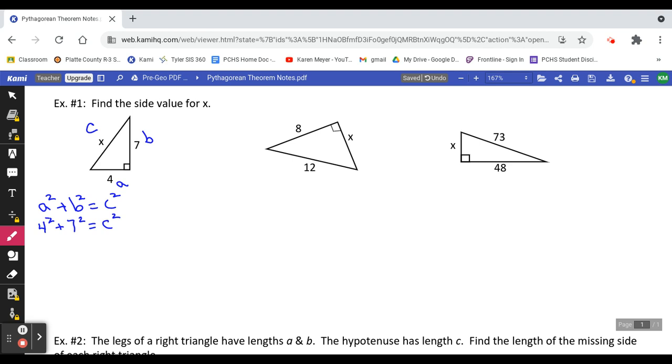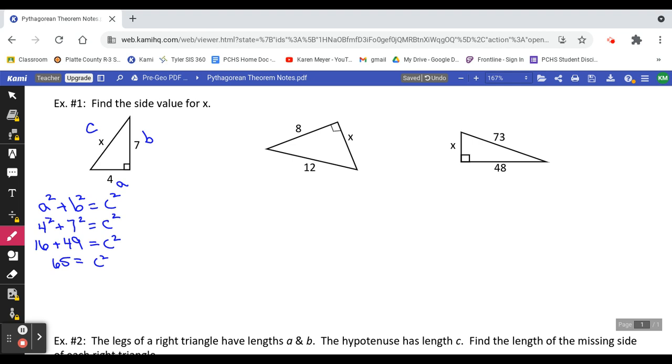So now on my calculator, I'm going to type in 4 squared, which is 16, plus 7 squared, which is 49. And then 16 plus 49 is 65. And then here's the tricky part. To get from C squared down to just C, you have to know what is the opposite of power of 2.